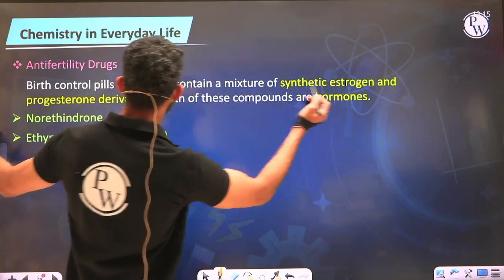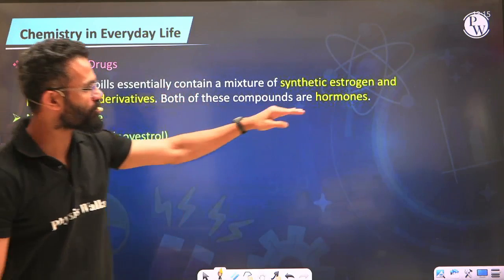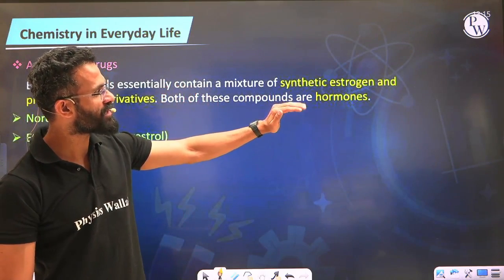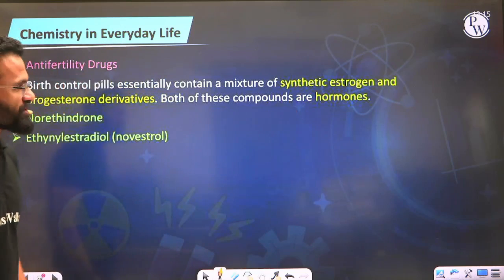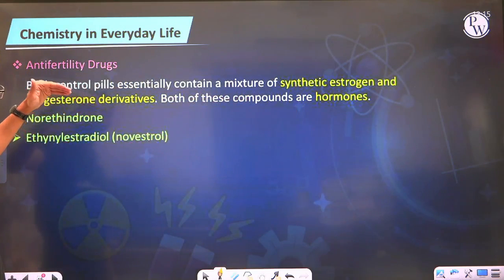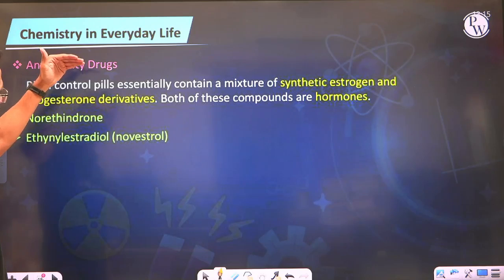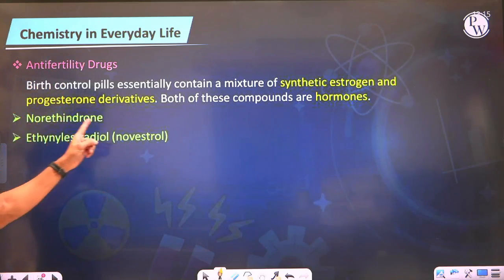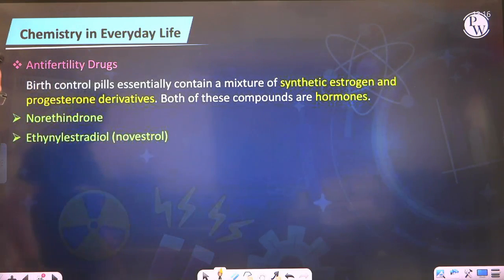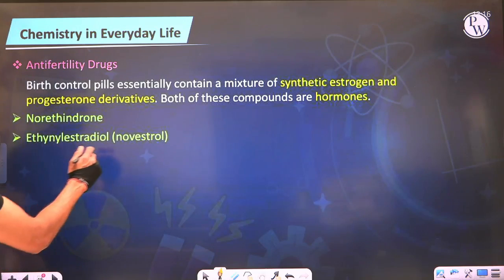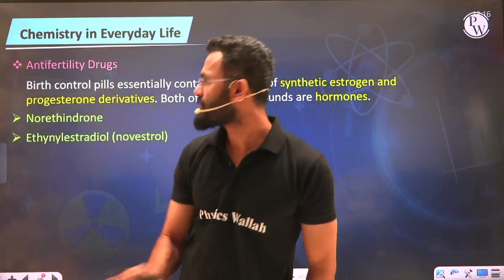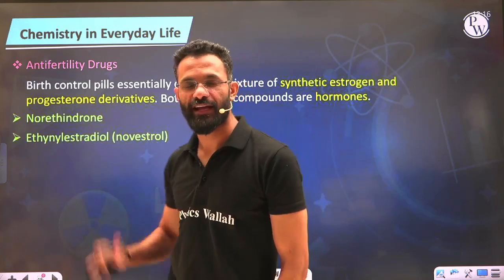Estrogen and progesterone are the hormones, and the medicines used for birth control are the ones derived from estrogen and progesterone. So synthetic estrogen and progesterone used in birth control pills are what you call anti-fertility drugs. Two examples you can remember: norethindrone and novestrol. Novestrol is just a name for ethinyl estradiol. So remember these two names, norethindrone and novestrol, which are anti-fertility drugs.